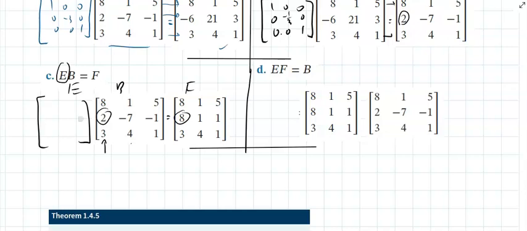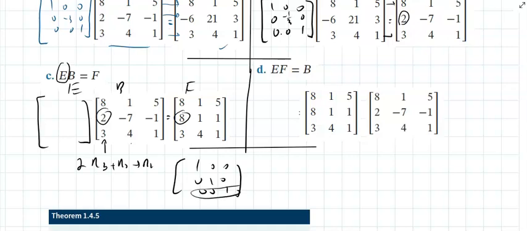Yep, there you go. So I must have done twice row 3 plus row 2, in row 2. Well, what does that mean? If I'm looking at 1, 0, 0, 0, 1, 0, 0, 0, 1, if I multiply row 3 by 2 and add it to row 2, wouldn't that become 1, 2, 0, 0, 1? And there it is. That's E.